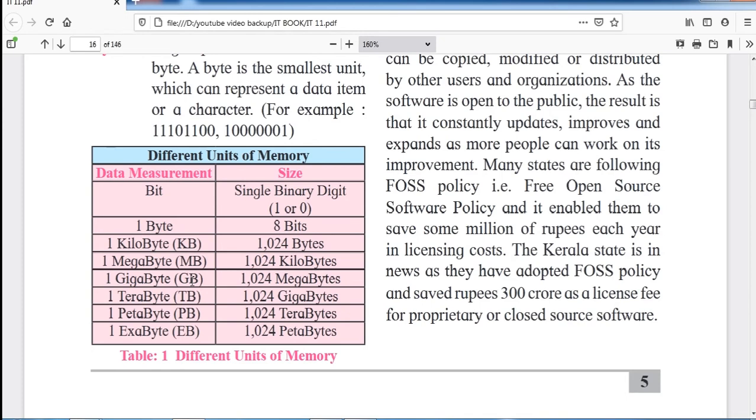We are accessing data, and you know that companies provide us data daily, 1 GB, 1.5 GB, 2 GB per day.